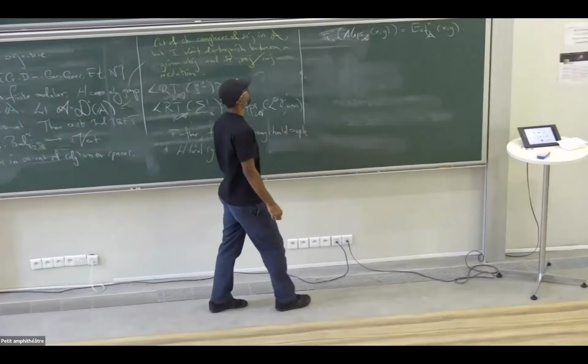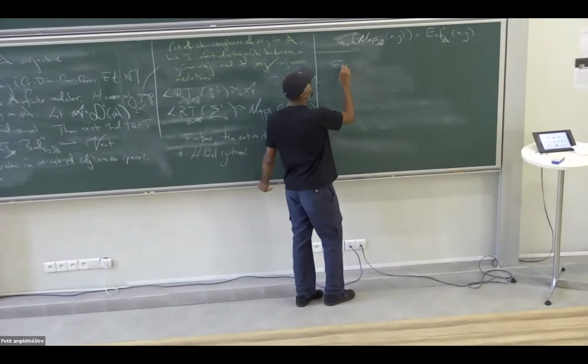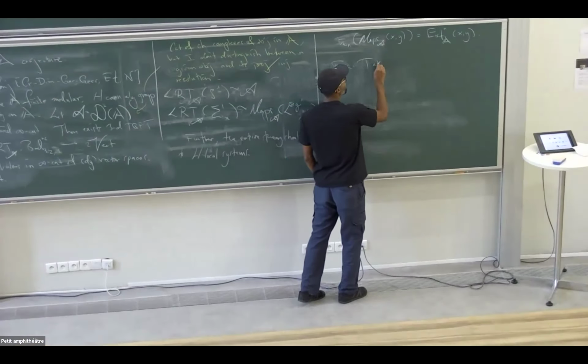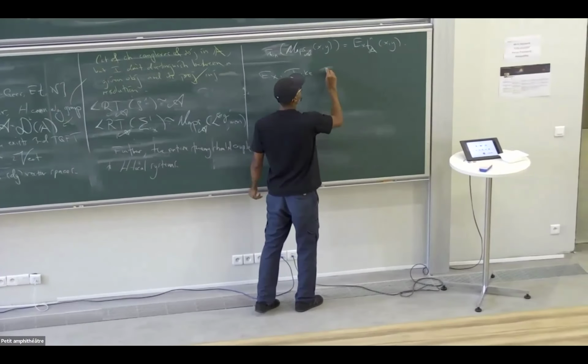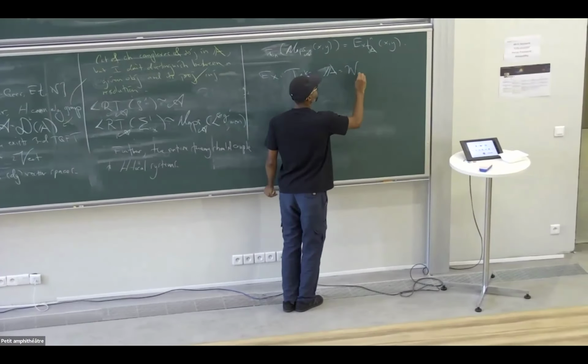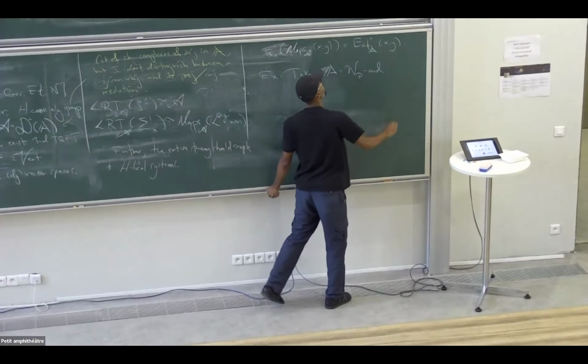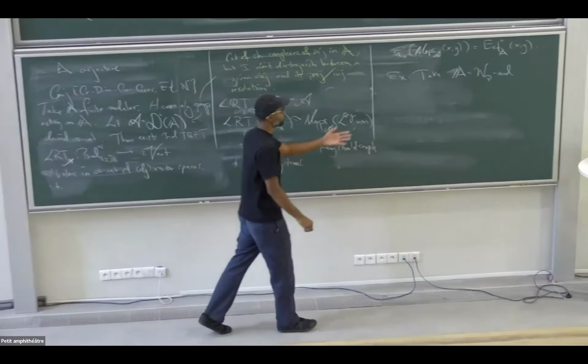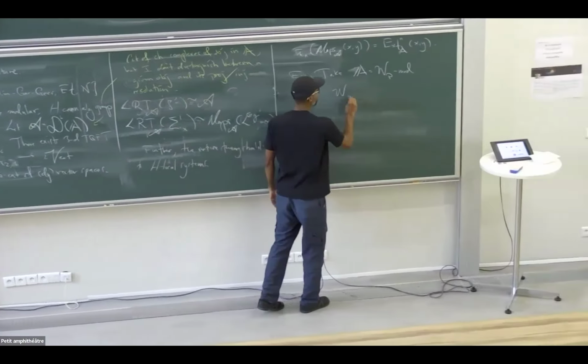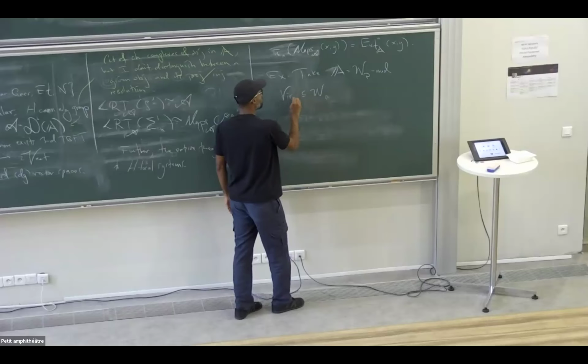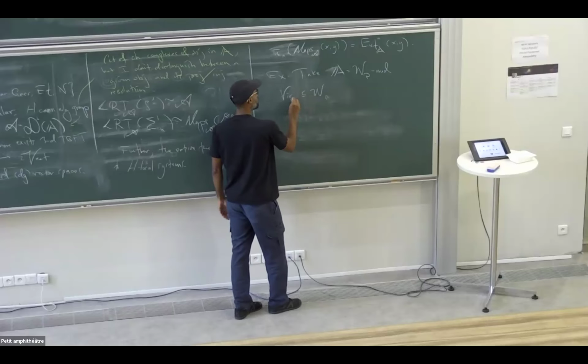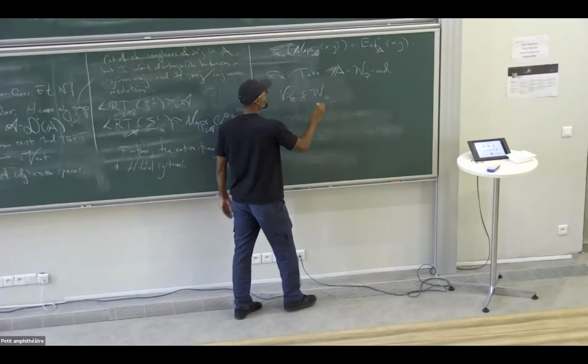So let's look at an example where I would think about this. Take A to be representations of the triplet, or modules for the triplet algebra. So what is this triplet algebra? It's some kind of extension of the Virasoro at, let's say, (1,p) central charge.